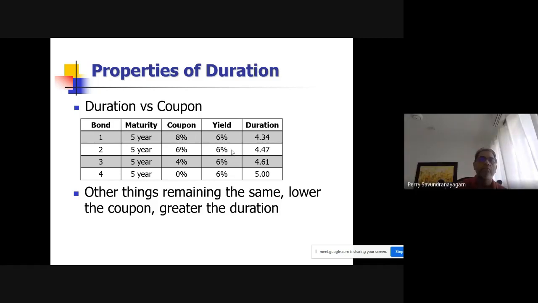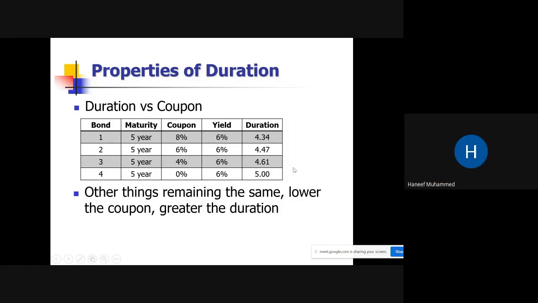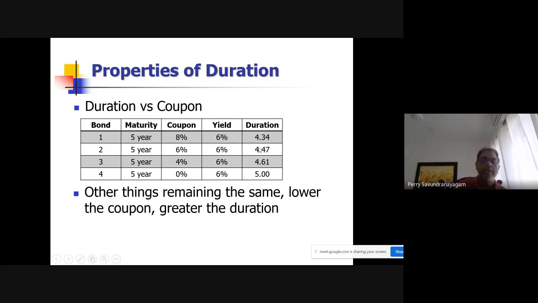Interest rates go from 6 to 5. Will I make money on all of these bonds? Just answer my question, yes or no. If interest rates were 6% when I bought, and now interest rates have gone to 5, will I make money on all of these bonds? Yes. I'm selling them all on the same day.